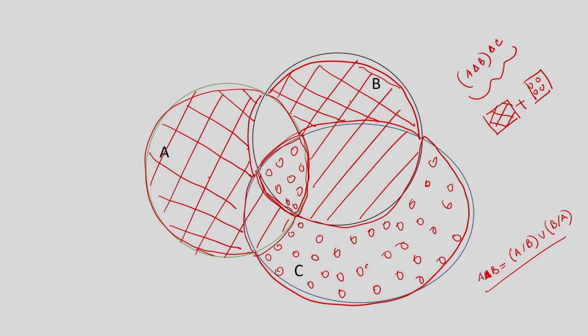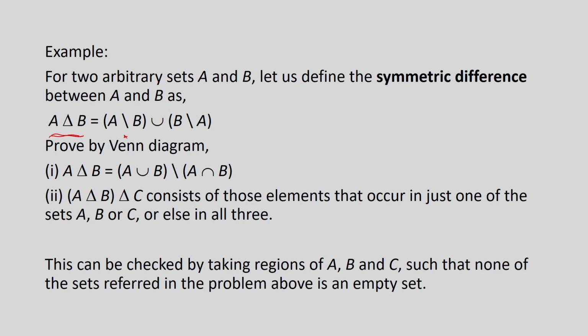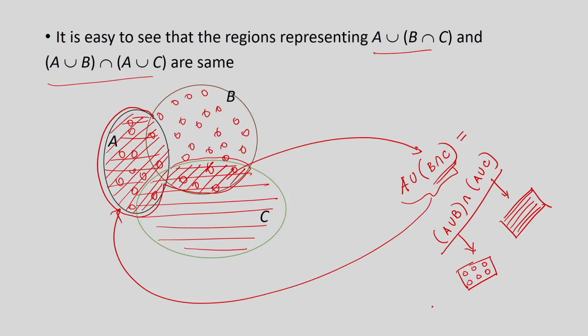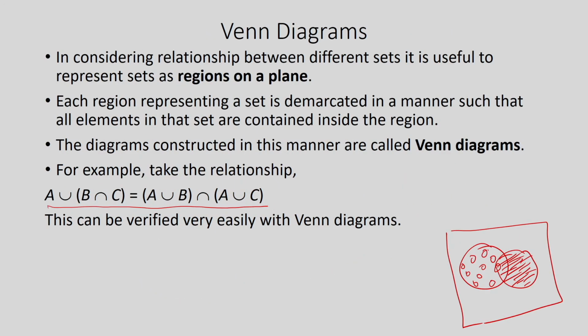So, we have proved what we were supposed to prove, because that is written here, that A delta B delta C consists of those elements that occur in just one of the sets A, B or C, or else in all 3. So, we have shown that in terms of our Venn diagram.